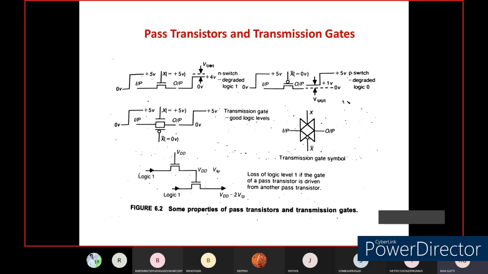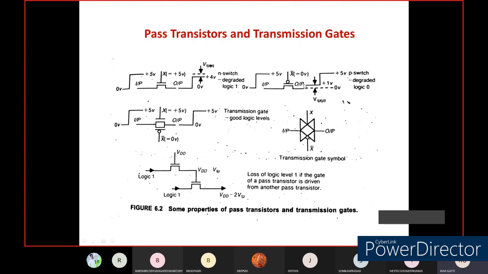Now for the complement of this, we can create the same thing through the use of PMOS transistors. You can see here we are giving an input signal with a transition from 0 to high, and we are creating this with the use of PMOS transistors.